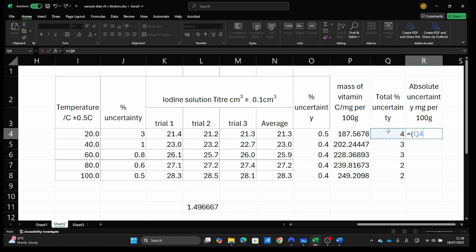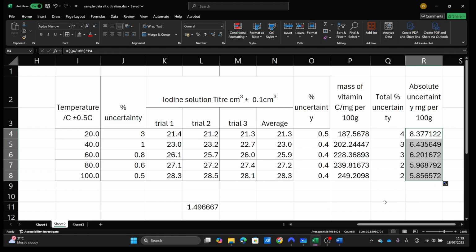Which is why it might just be easier to stick to fractional, if I'm honest. But it's also fine to do that. Okay, there we go. So these are my absolute uncertainties. These absolute uncertainties have come from this total percentage uncertainty, which is to the nearest whole number, so only one significant figure.